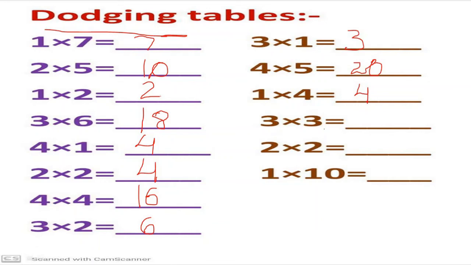Then what will come? 3 threes are 9. Here is a trick for you. I have taken 2 twos are again. Why is this? Yes, I want to know. Who will find out? 2 twos are 4.